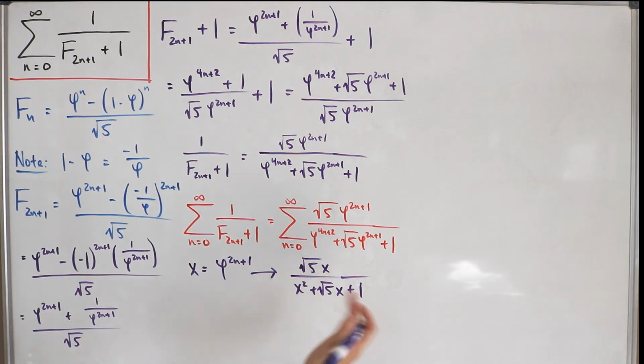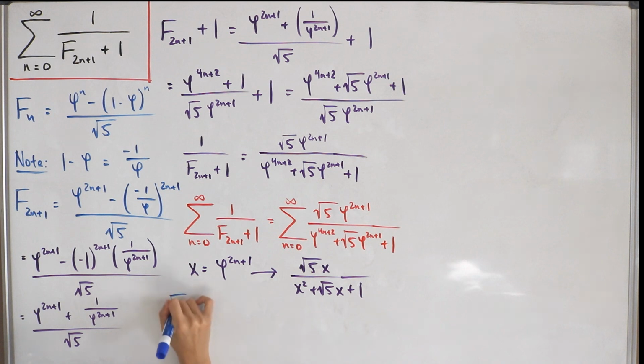Nice trick. I think you can see that we can apply partial fraction decomposition, and the denominator reduces down nicely such that we have two products. Let me first write this out: the square root of 5 x over x squared plus the square root of 5 x plus 1. Now we have to figure out our terms.